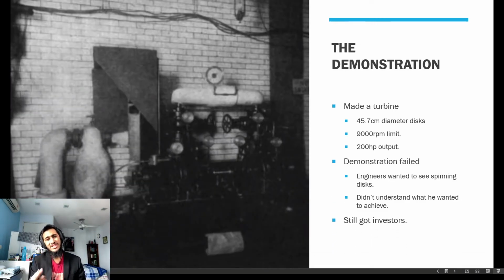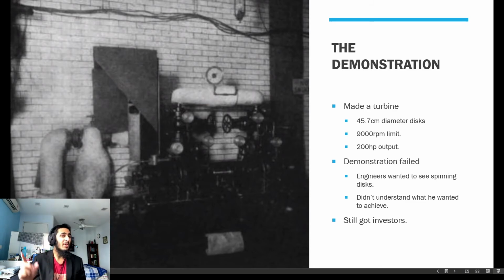The problem was, in his demonstration, rather than showing how the mechanics of his system worked, rather than showing the spinning of the discs, he instead chose to demonstrate the power of the machine. So, all of the engineers who wanted to see the spinning disc didn't really understand the point of the demonstration. However, he was still able to get a number of investors. So things seem to be looking bright.